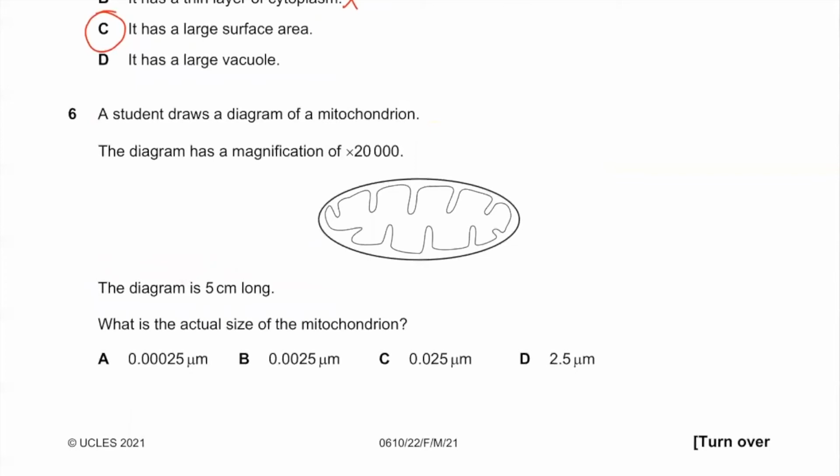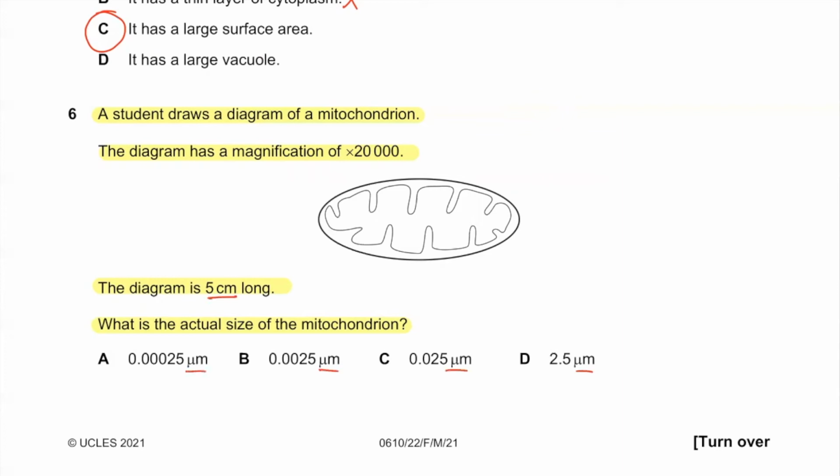Question 6. A student draws a diagram of a mitochondrion. The diagram has a magnification of 20,000. The diagram is 5 centimeters long. What is the actual size of the mitochondrion? Guys, even though this particular diagram is given in centimeters, if you notice the answers, they're all provided in micrometers.